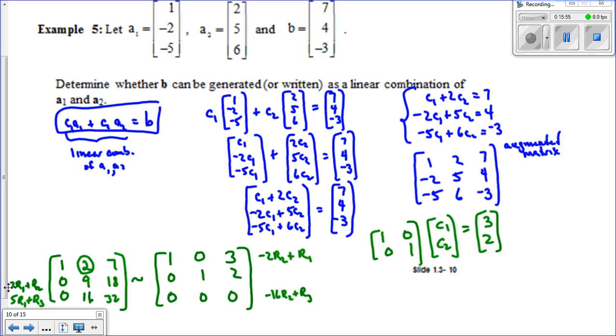So we see here that C1 is equal to 3 and C2 is equal to 2. So those would be the weights of vector A1 and A2. So that means that 3 times this vector plus 2 times this vector should equal that vector. So 3 plus 4 is 7, negative 6 plus 10 is 4, negative 15 plus 12 is negative 3, and that does it.